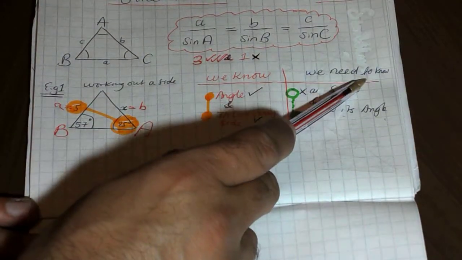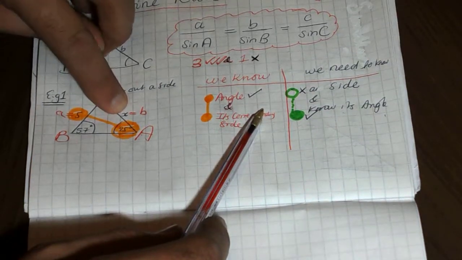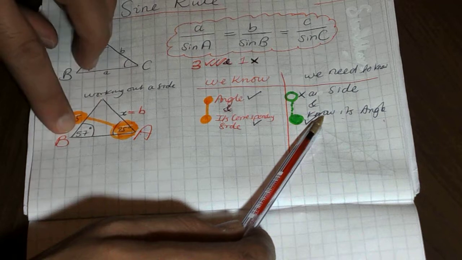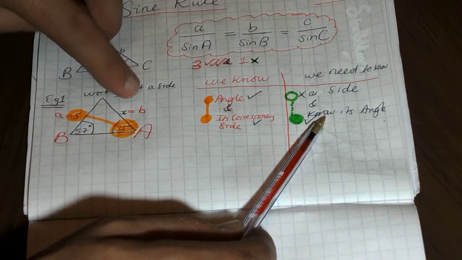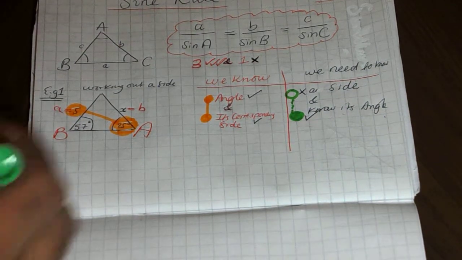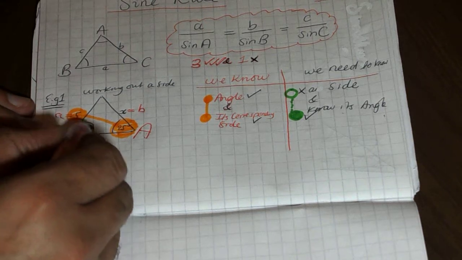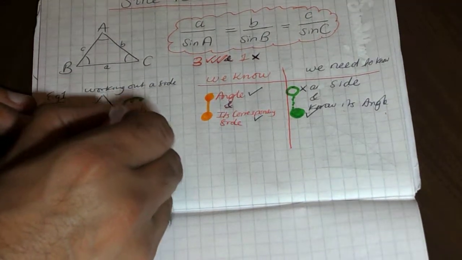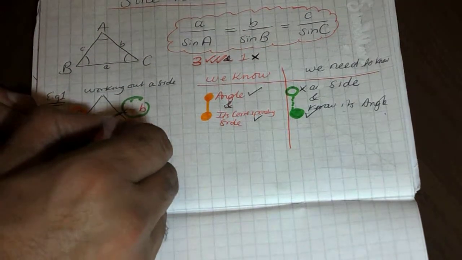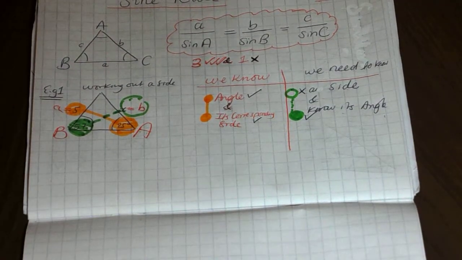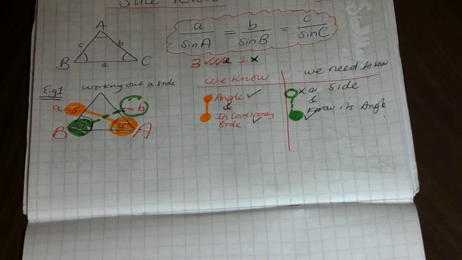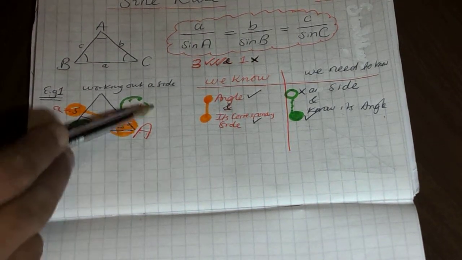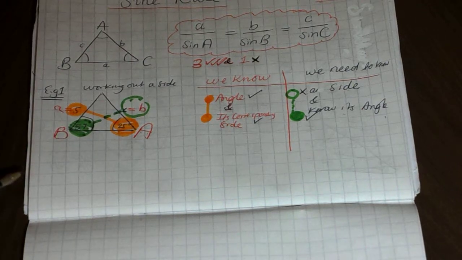We need to know this side, so you've got a cross there, after knowing its angle. So here we have an incomplete set of data. We know this part here and this part here we don't know. So we have 2 solid orange and a solid green and a dotted green joined up.